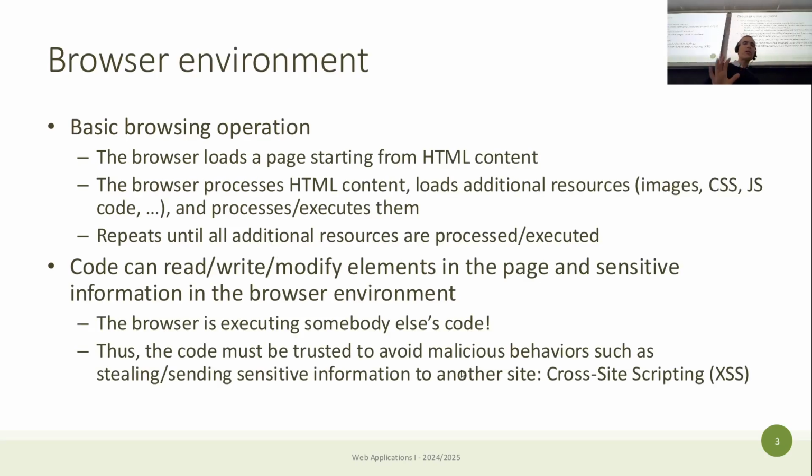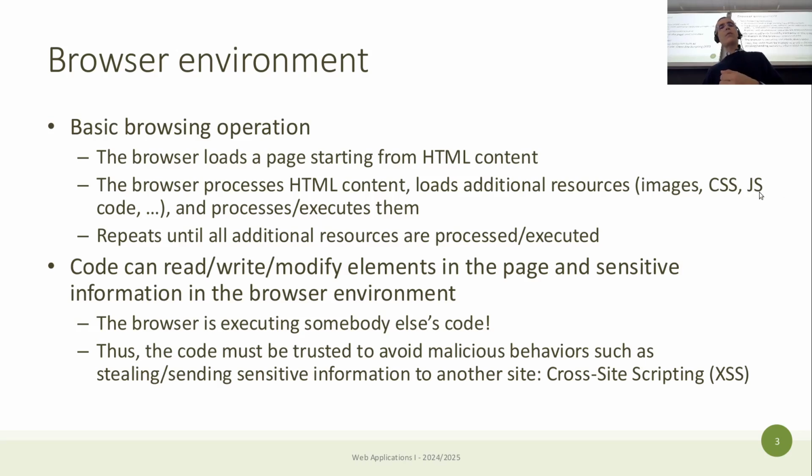So the browser environment. Basically, you experimented in the lab. What happens is you go to a website, or in your case in the lab you loaded an HTML file, and the browser gets the HTML content. The content is interpreted and parsed. It constructs the DOM tree, and also it has the possibility to refer to other resources, like you saw CSS.